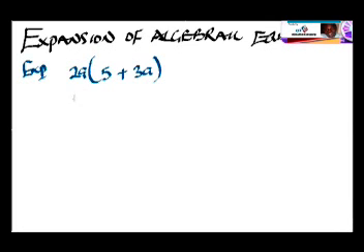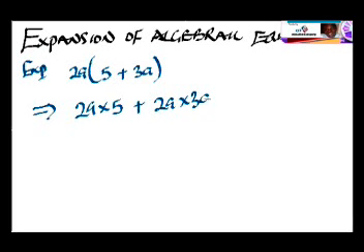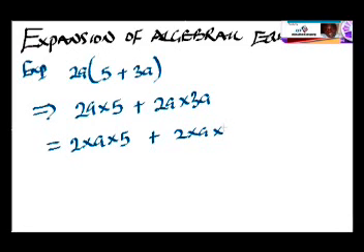We are using everything outside the bracket to multiply everything inside the bracket, and this becomes 2a multiply 5 plus, bring that plus sign, it goes into this other one, also becomes 2a multiply 3a. 2a times 5 is the same as saying 2 times a times 5. That's for this part. This is a term on its own, plus 2a is 2 times a times 3a, which is 3 times a. This is another term.